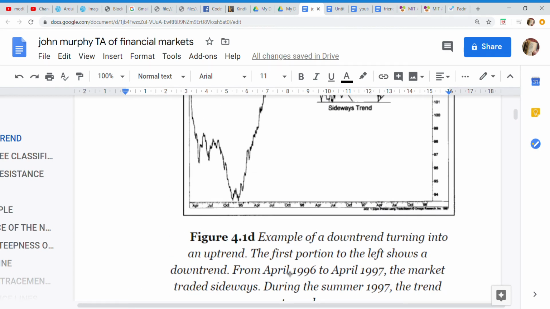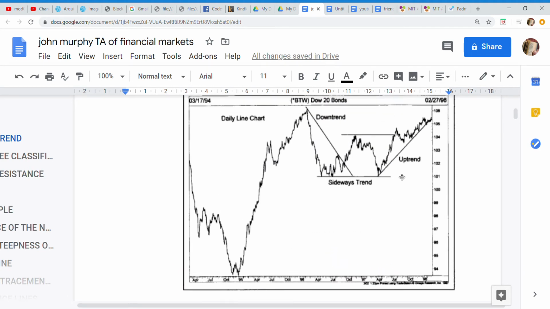So this is a downtrend, this is a sideways trend, and this is an uptrend.